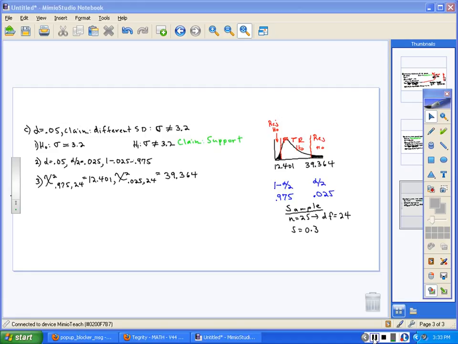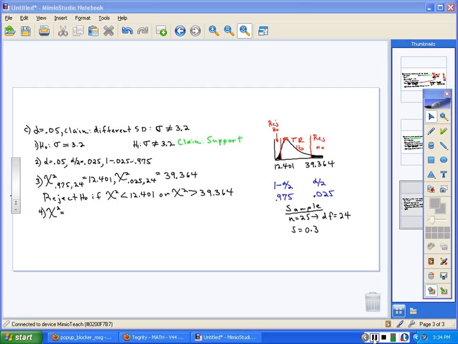And then we can say that we are going to reject H0 if chi-squared turns out to be less than 12.401, or if chi-squared is greater than 39.364.